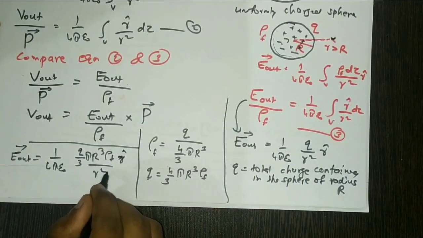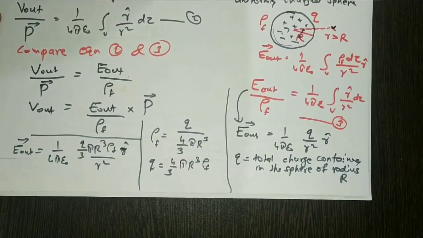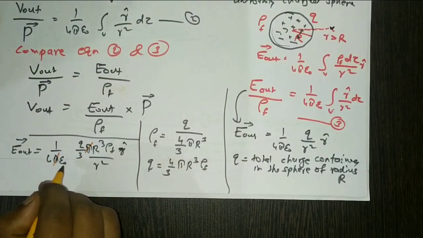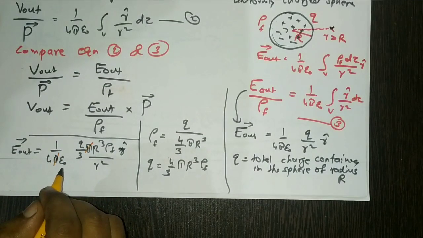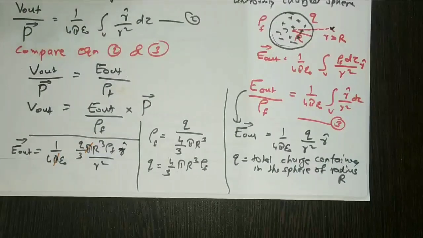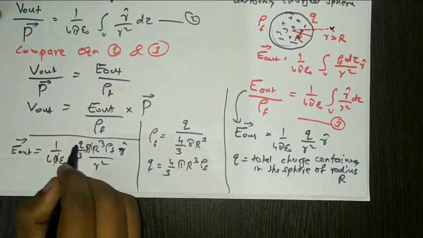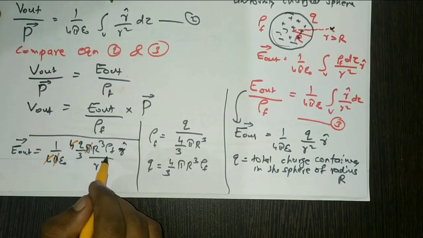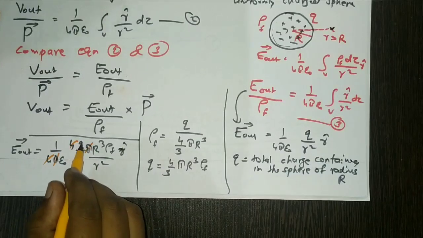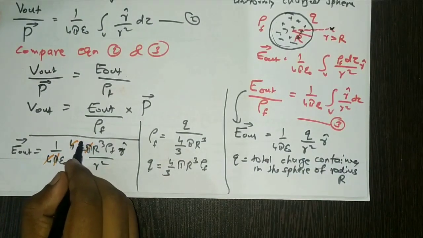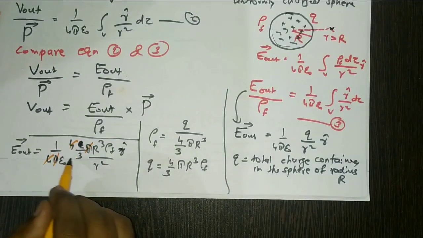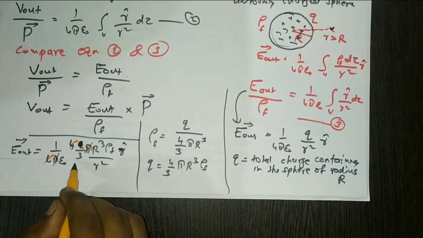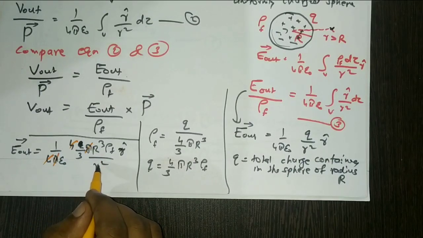Divided by this r square. Here a few terms will cancel. Pi will cancel, and the 4 will also cancel. The remaining terms will be rho F r cube by 3 epsilon 0 r square.